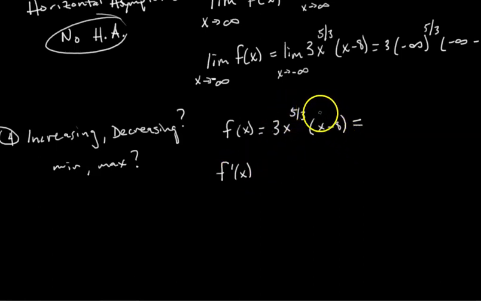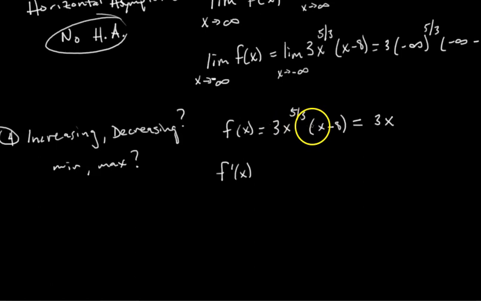So for example, let's distribute this 3x to the 5/3, and then we'll get a polynomial where for each term we can just apply the power rule. If I distribute the 3x to the 5/3, we get 3x to the 5/3 times x, which is 3 times x to the 5/3 times x to the 3/3.